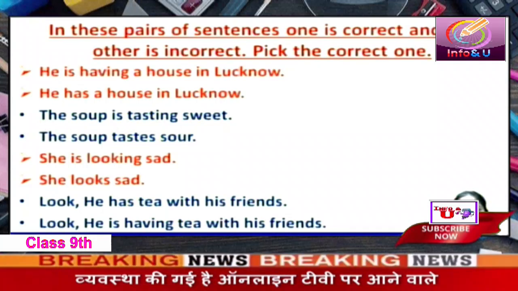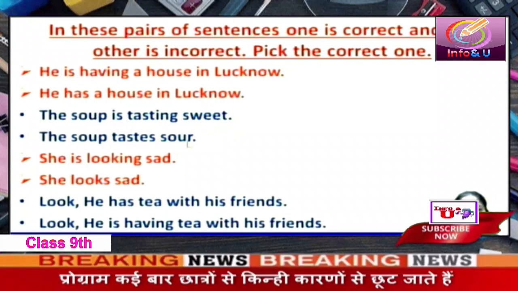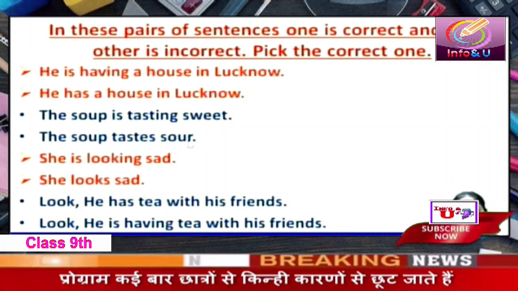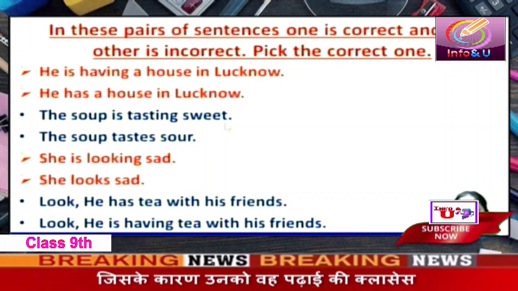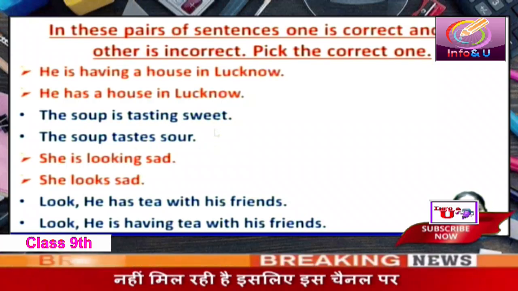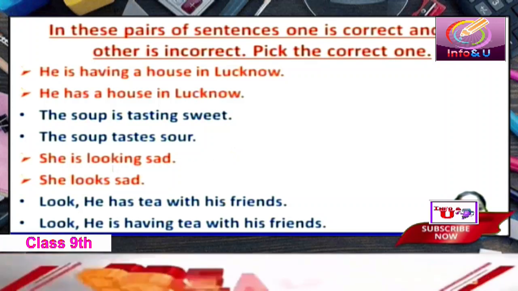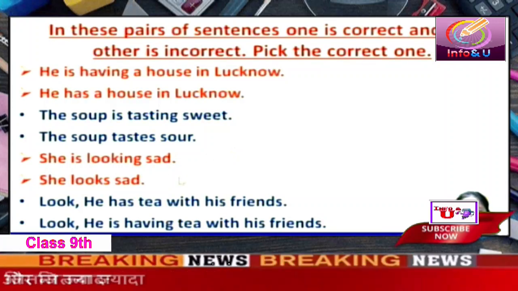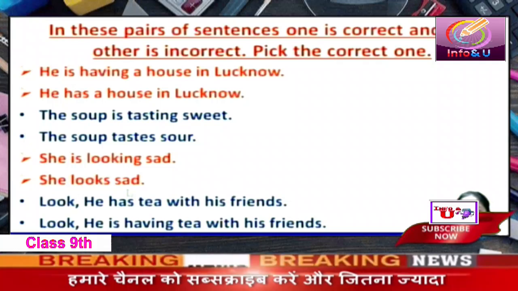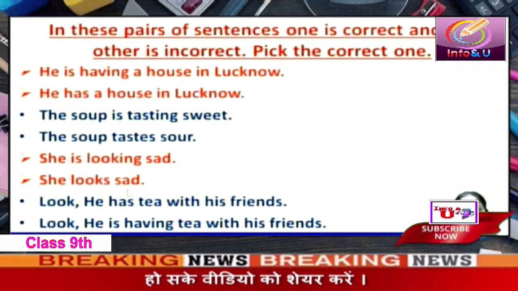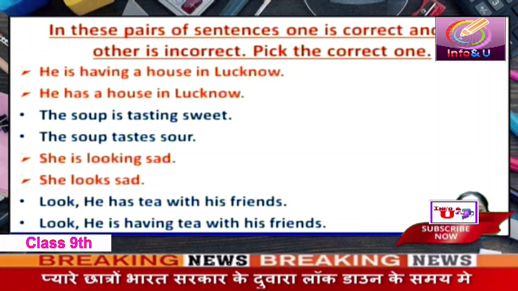The soup is tasting sweet, or the soup tastes sour. Which is correct? Now we move to the next pair. She is looking sad or she looks sad. Look, he has tea with his friends, or look, he is having tea with his friends.